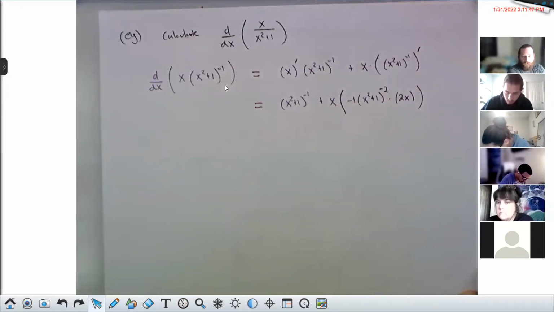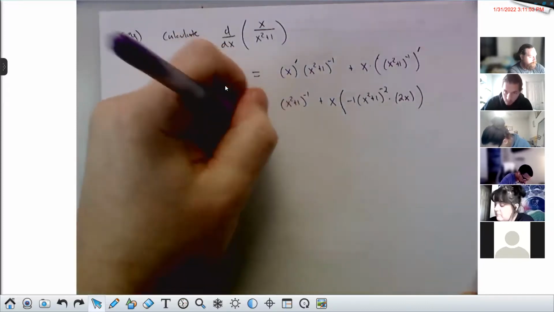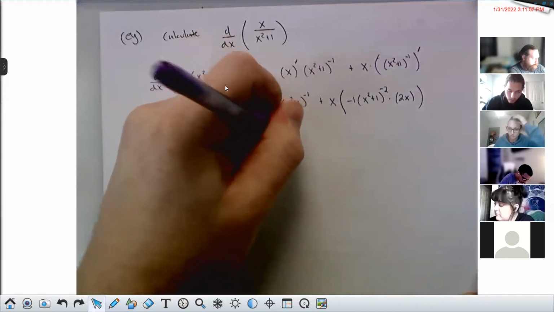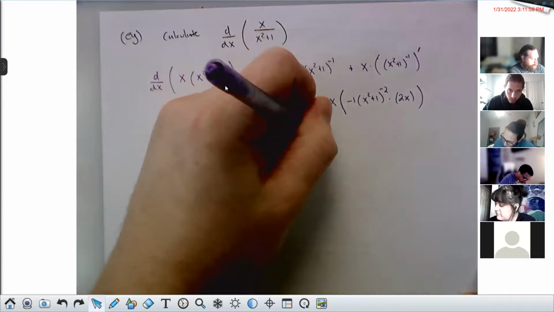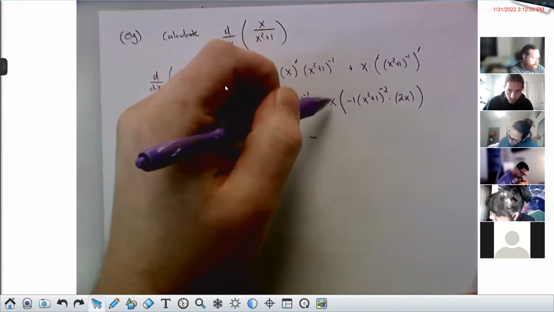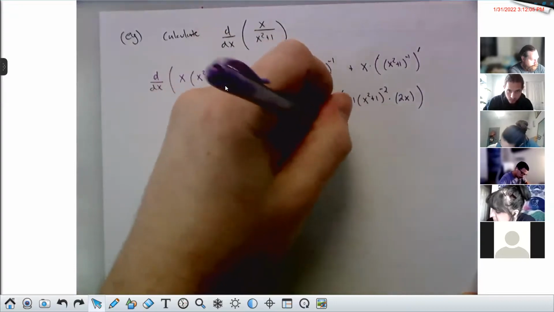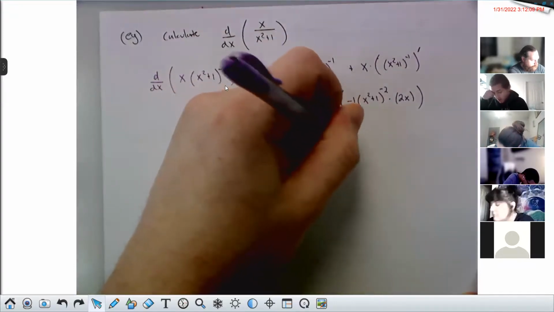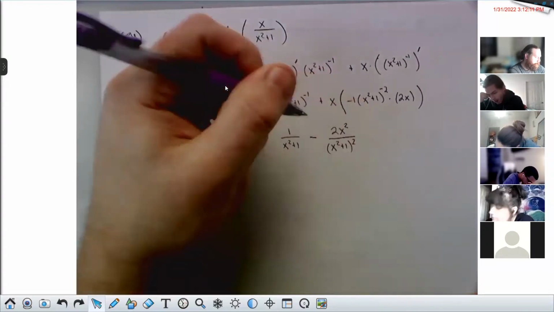It's a matter of taste. What sort of algebra do you like to do? You're free to do it either way. This is 1 over x squared plus 1 minus x times 2x, which is 2x squared over x squared plus 1 quantity squared.